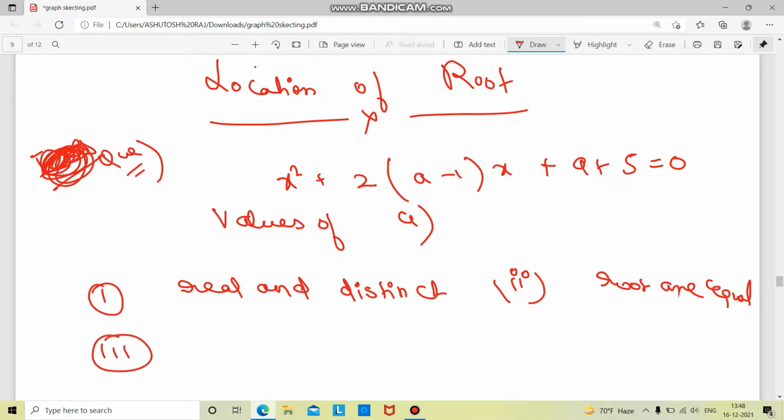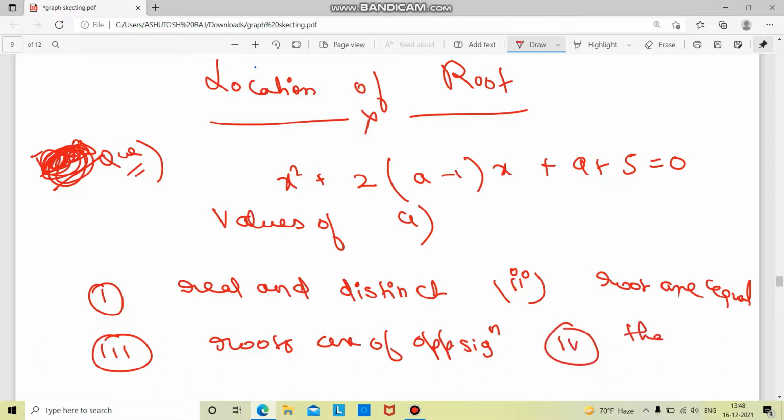Third, roots are of opposite sign. Fourth, they both are positive. Firstly, we will see these four cases, then we will move on to other cases.